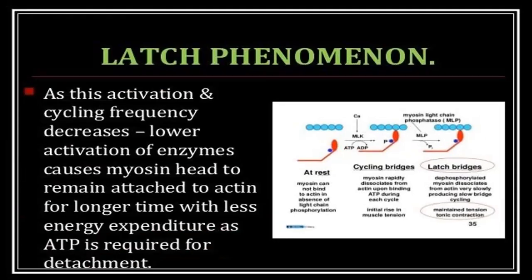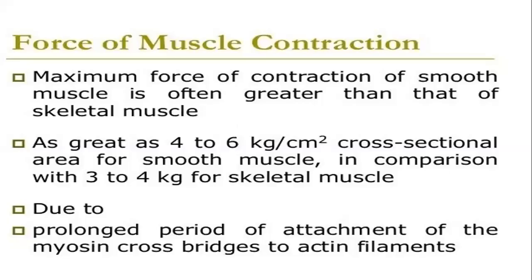Latch bridge phenomenon: we have already said that smooth muscle can maintain its force of contraction for longer intervals without using much energy due to this latch bridge phenomenon. So this helps in the conservation of energy.